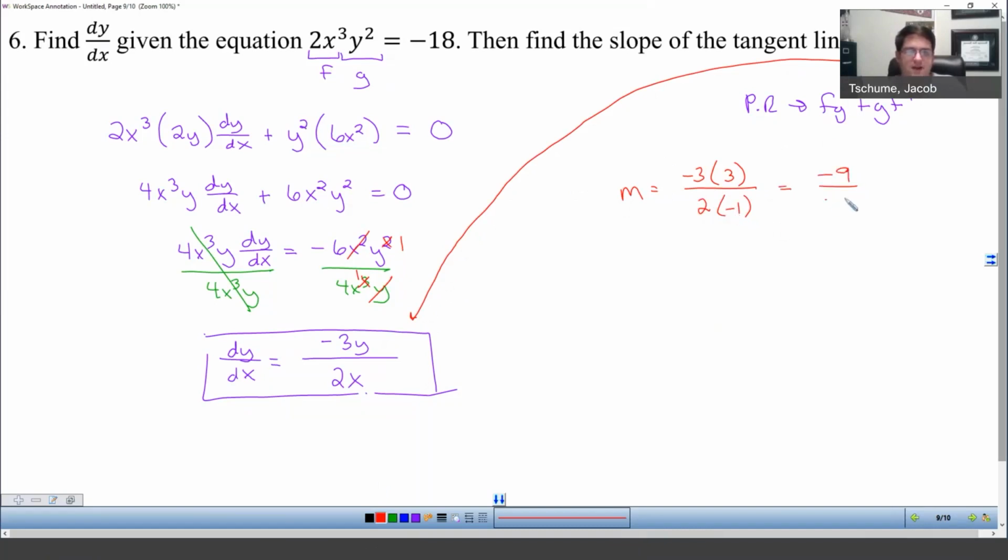This would be -9 over -2, which, double negatives cancel, and you get a slope of 9/2 for the slope of this tangent line. So just remember, the only difference at the end is after you find dy/dx, you've got to plug x and y both in.